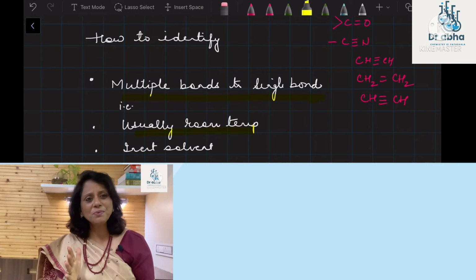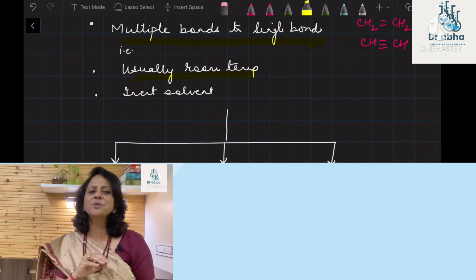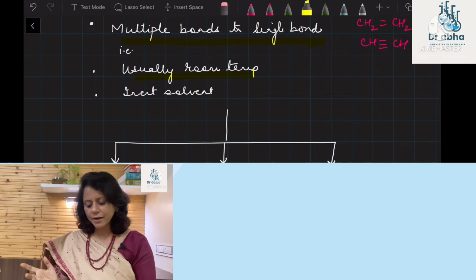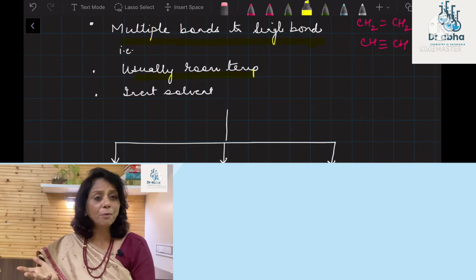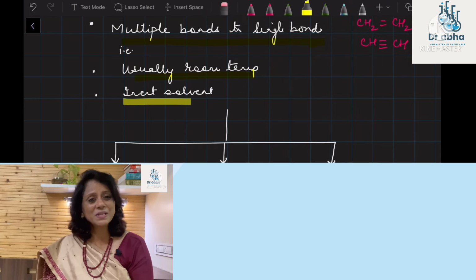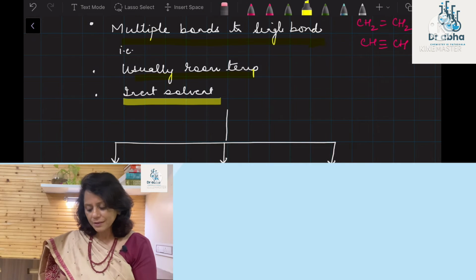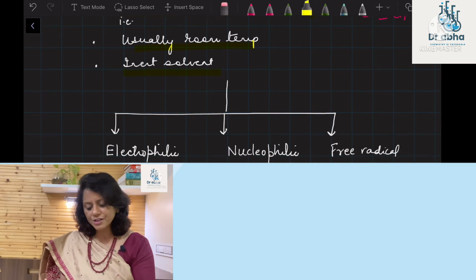So generally you will see that there are no stringent conditions, no high temperatures required. And we don't require very highly polar solvents, most of the time; all the exceptions will always prevail, right. Alkenes and alkynes undergo addition in inert solvent, right. So those kind of conditions will be there.